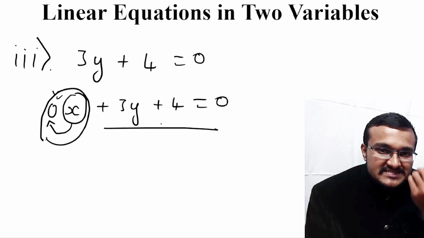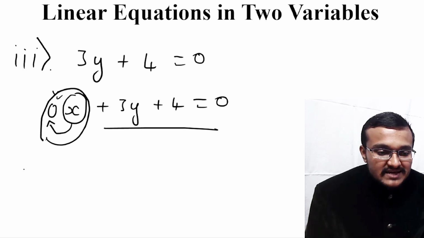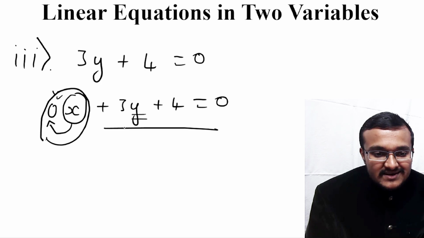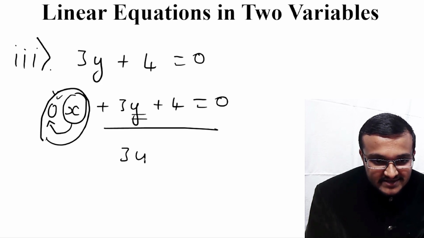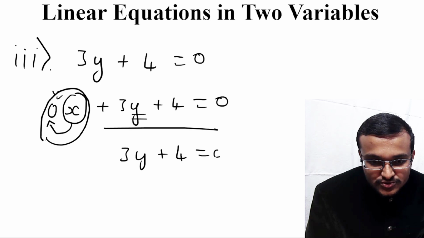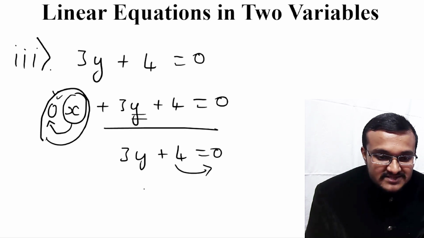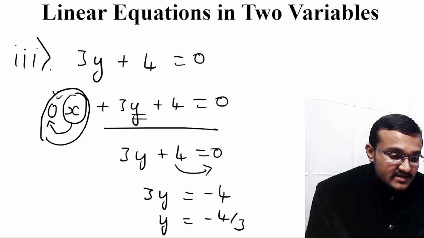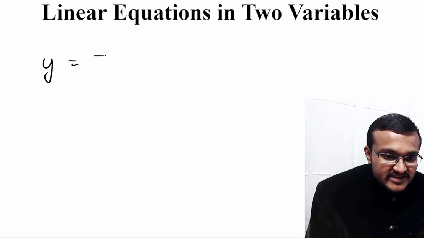So this equation remains the same. That means x can take any value, but if you want to calculate the value of y, you can take 3y plus 4 is equal to 0, bring this plus 4 to RHS, and this becomes 3y is equal to minus 4. So y is equal to minus 4 by 3.